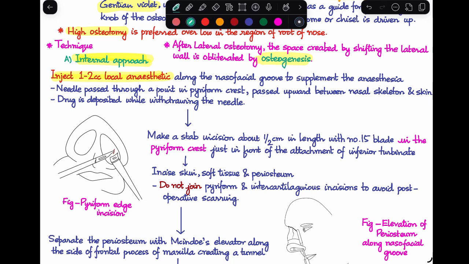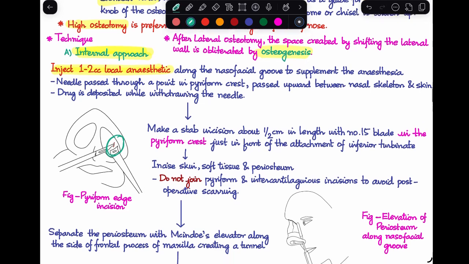Next is our incision. If you look at the image over here, this is what our incision will look like. We'll make a stab incision about 0.5 centimeter in length with the help of a number 15 blade in the piriform crest region, just in front of the attachment of the inferior turbinate. Once we have made this incision, we are going to incise through the soft tissue and the periosteum.